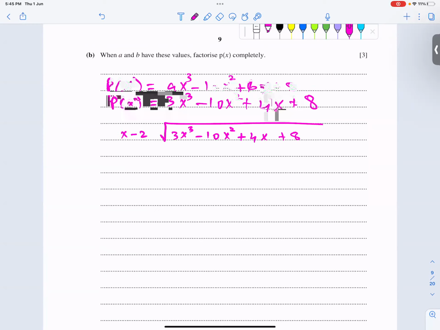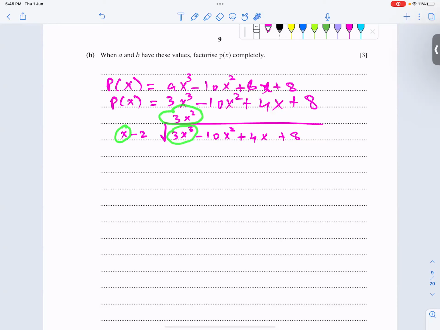Okay, and we need 3x square to make 3x cube. We need 3x square here. When I multiply 3x square with x, I will get 3x cube. Then multiply 3x square with minus 2. This will be minus 6x square. And then subtract this. Minus 4x square plus 4x plus 8.